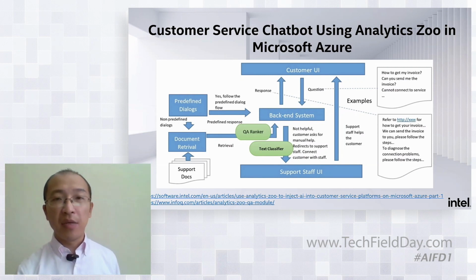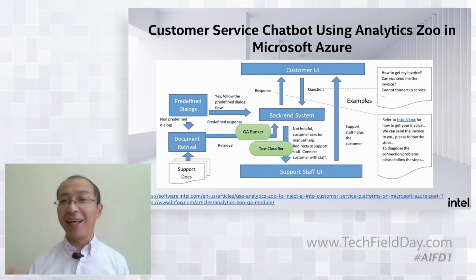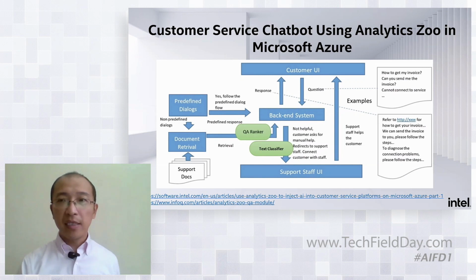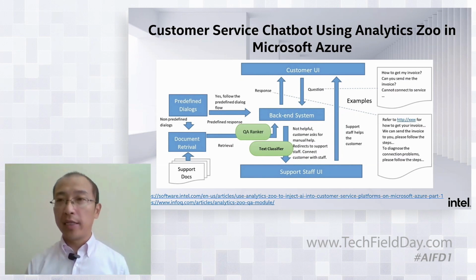You can input some questions, say, how can I get my invoice? Or how can I shut down my VM and so on. With those natural language questions input into their UI, they will go to their internal knowledge base or their Q&A documents and try to find the right document and return it to the user.